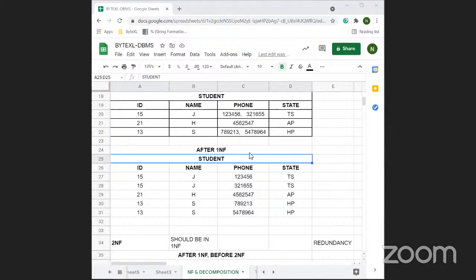Okay. Then when it comes to second normal form, again, what is the disadvantage in this table?